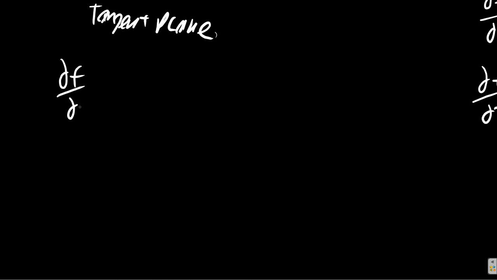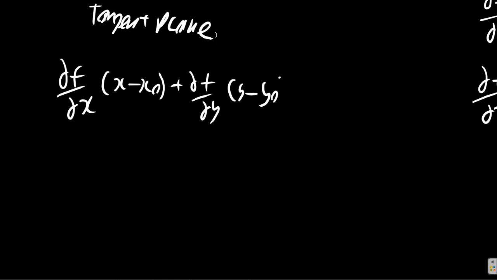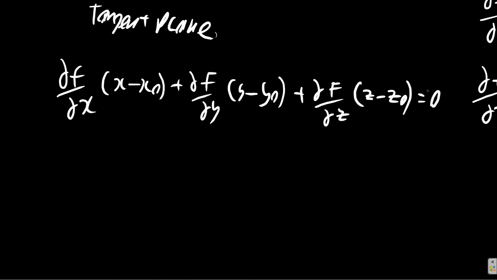Delta f by delta x, x minus x naught, plus delta f by delta y, y minus y naught, plus delta f by delta z, z minus z naught equals 0. Alright? And it's good to write it down each time, so it becomes a habit, so you will remember that formula.